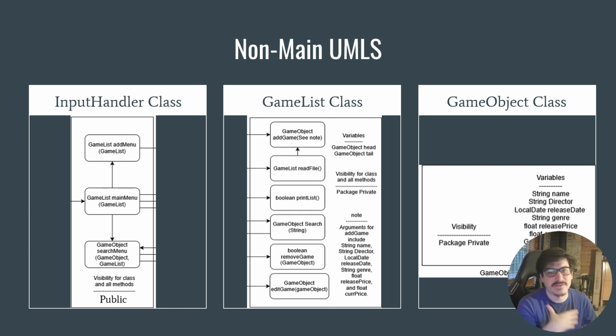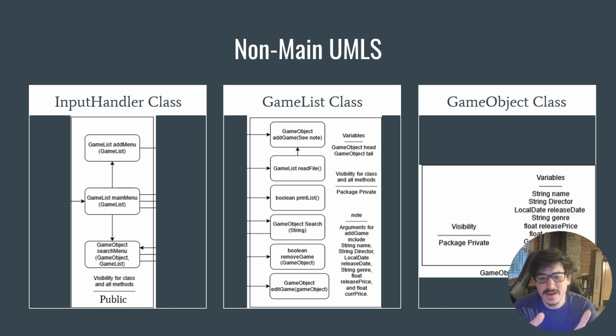The game list class will keep track of the game objects, especially for the beginning of this project. It's going to be important so that way we can establish a linked list and keep track of all the entries. So there's going to be three main menus.